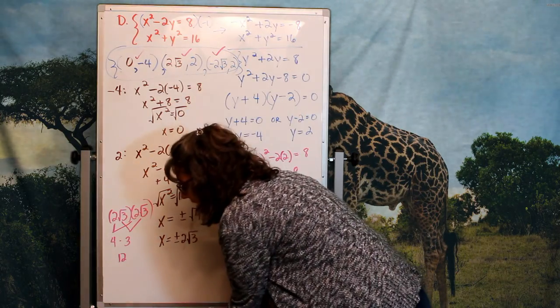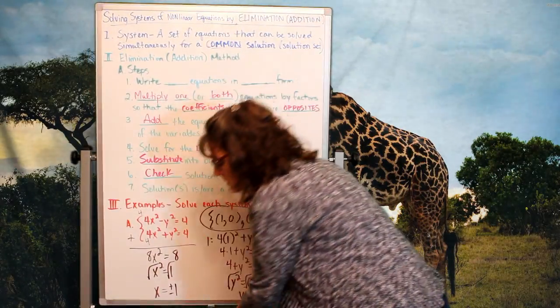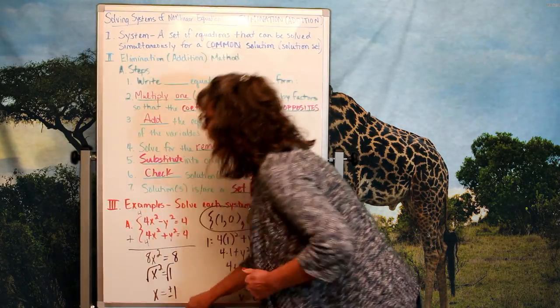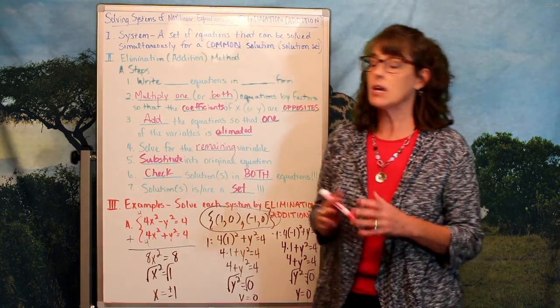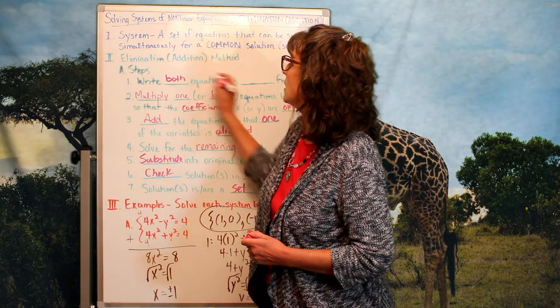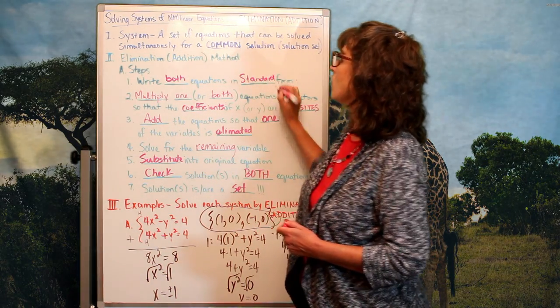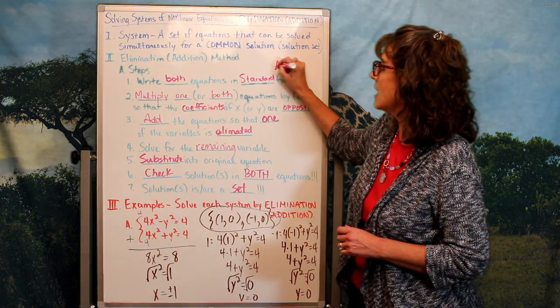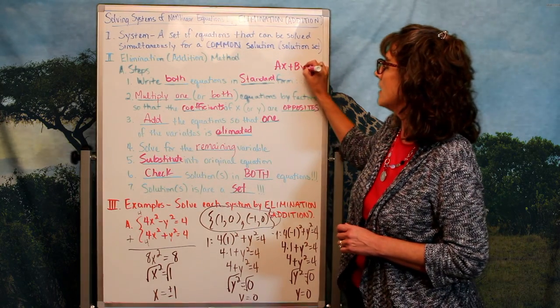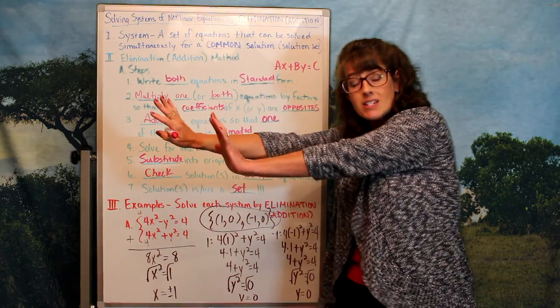So I hope that this helps with the idea of being able to solve your systems of nonlinear equations. We skipped over this step right here. That step is just simply to write both equations in, loosely said, standard form. And it's loose standard form because exact standard form is ax plus by equals c. The main idea here is let's get all the x's and the y's together on one side.